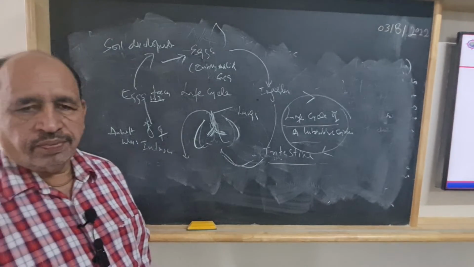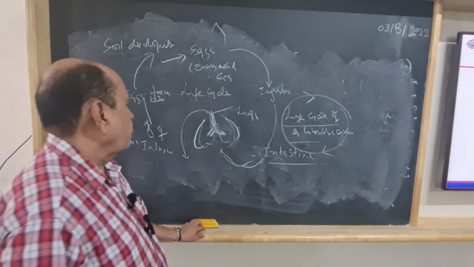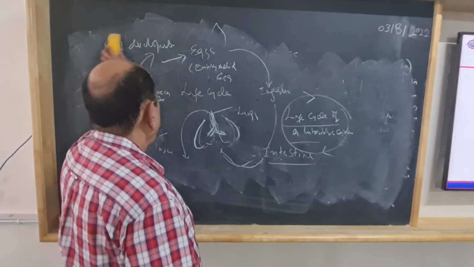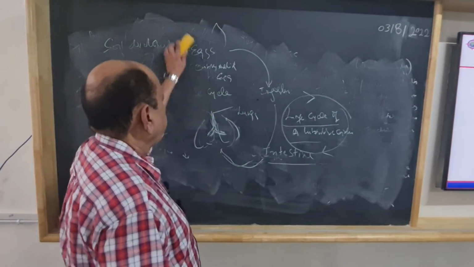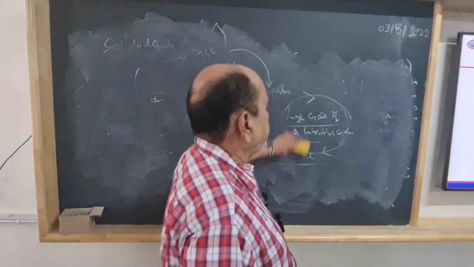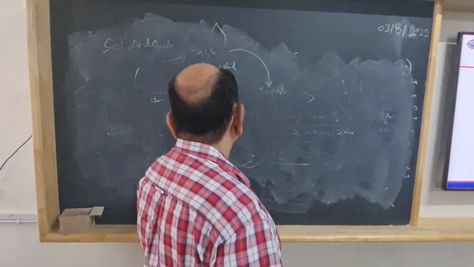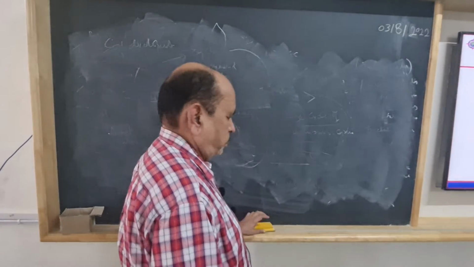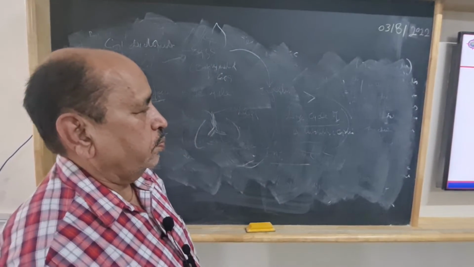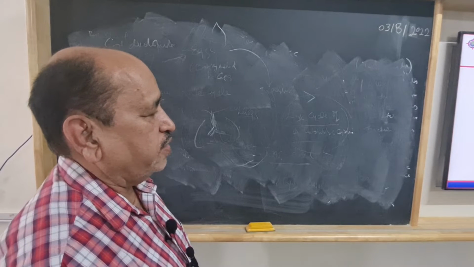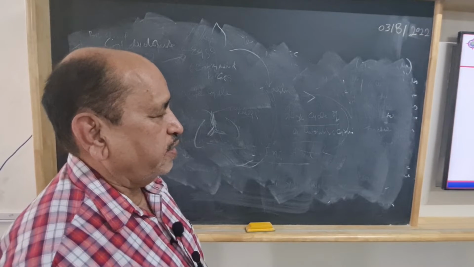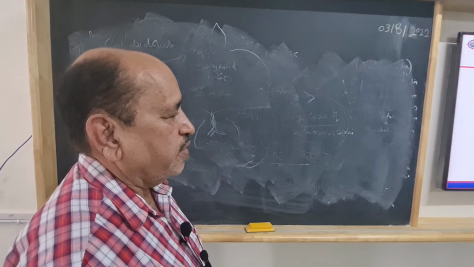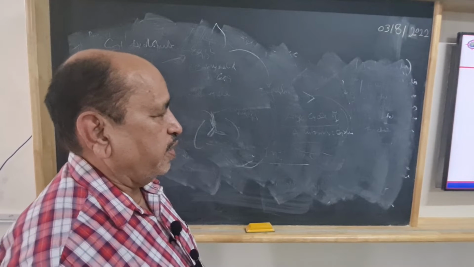Have you written the diagrams? Okay. Life cycle and diagram. So this is again eggs. One is embryonated egg, fertilized egg, unfertilized egg, decorticated egg.